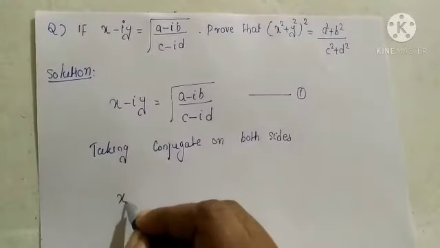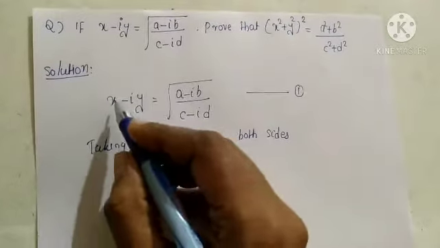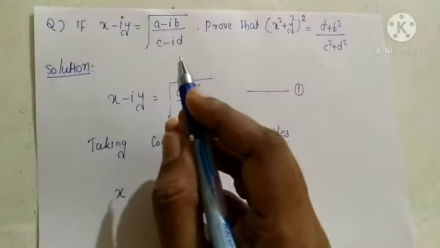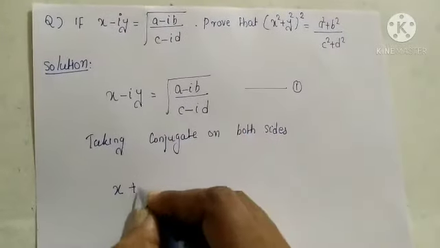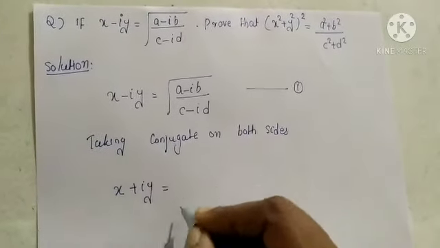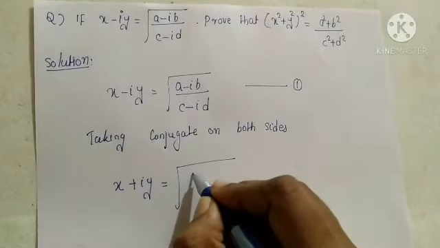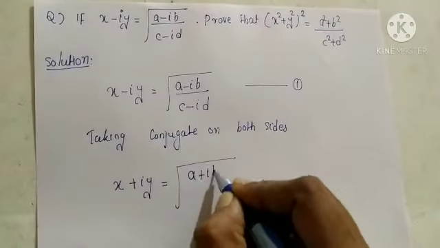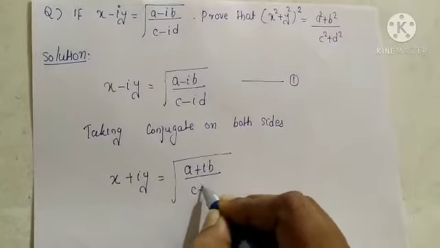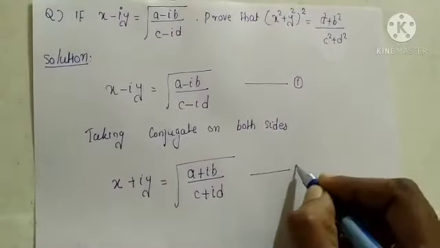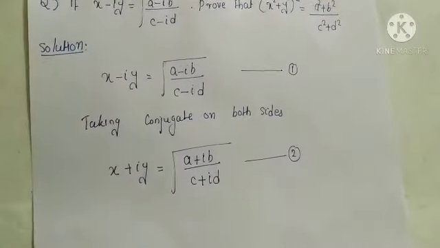So it will become x, the minus iy imaginary part will become positive iy is equal to RHS will become a plus ib divided by c plus id. Okay, and also name it as equation number 2.